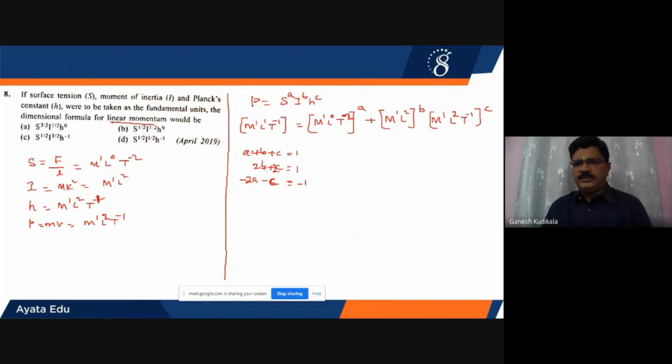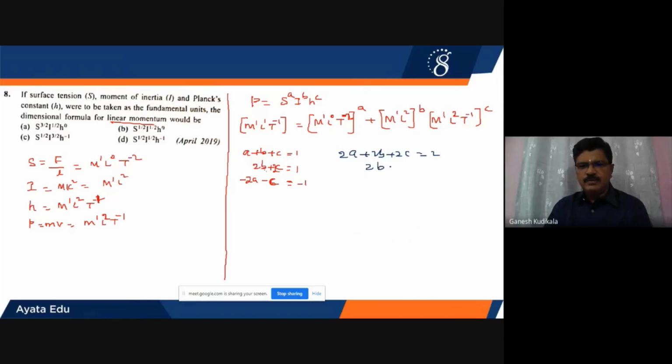a plus b plus c will be equal to 1, 2b plus 2c will be equal to 1, and minus 2a minus c will be equal to minus 1. Now a plus b plus c: let us multiply by 2 on both sides. 2a plus 2b plus 2c will be equal to 2.